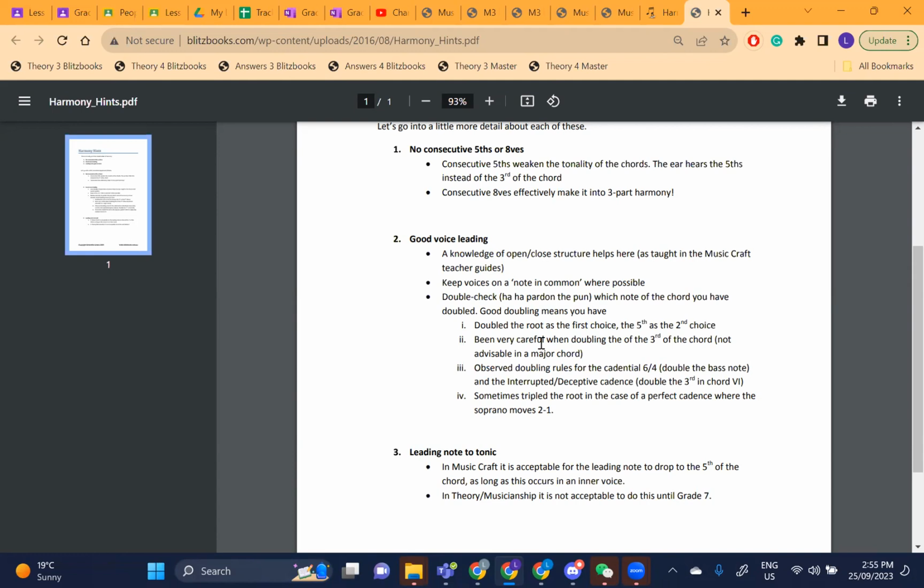You need to memorize. Two and six are minor, 1, 4, and 5 are major, 3 is minor, and 7 is minor. 1, 4, and 5 are the only major chords in a major key.